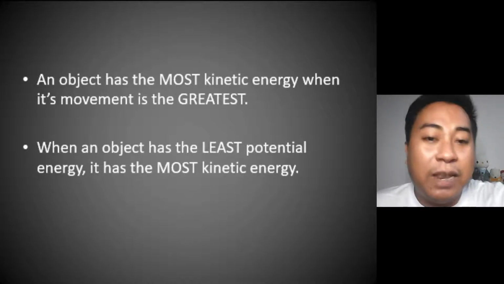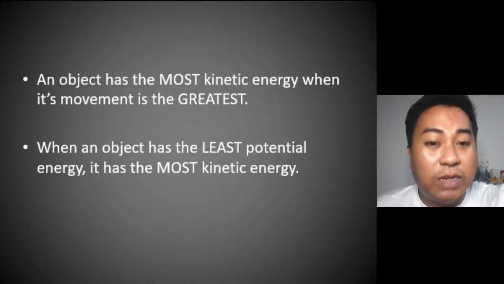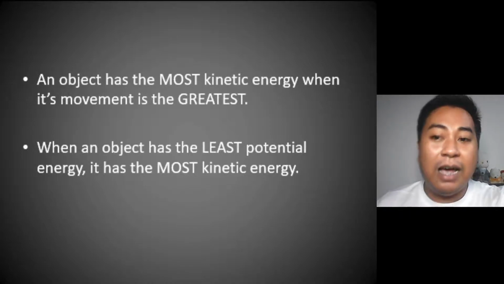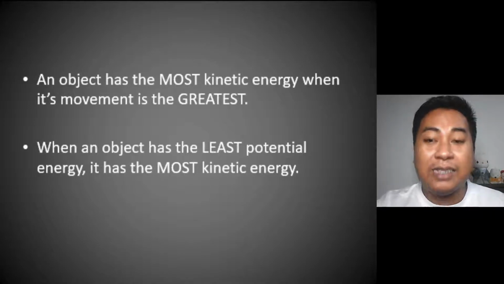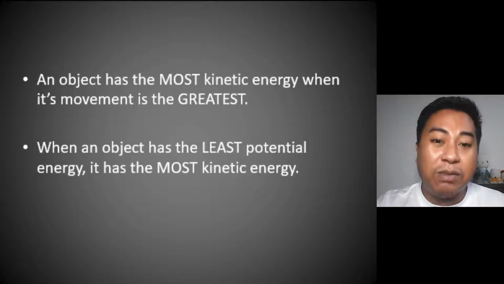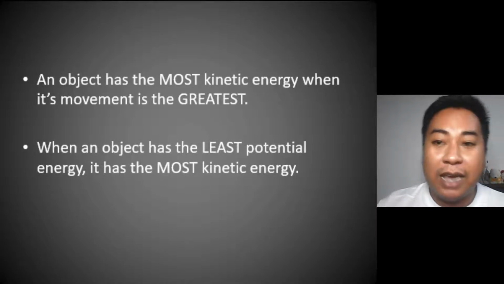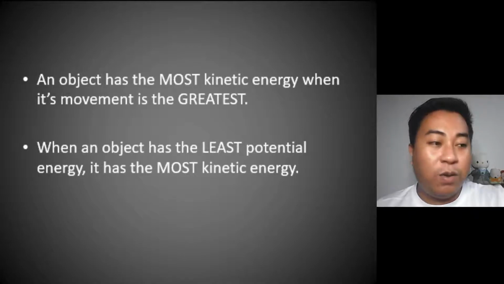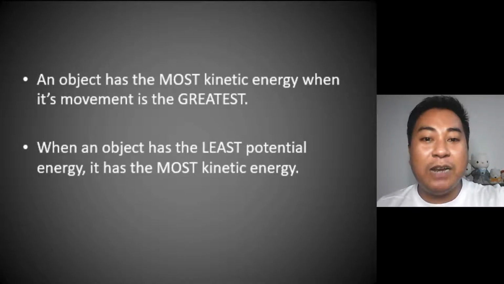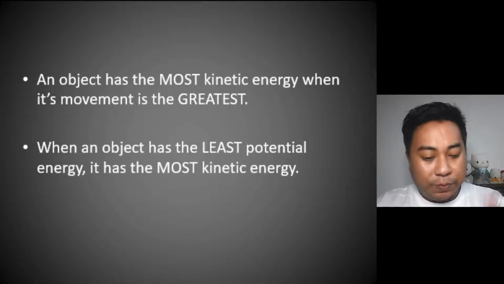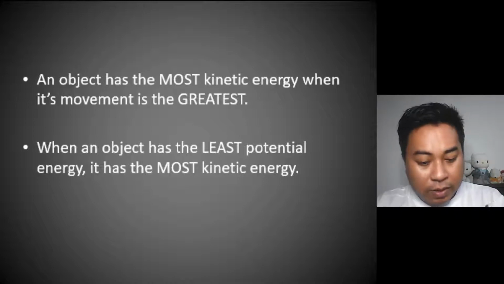So, ibig sabihin, kung less ang potential energy ng object na yan, ang kinetic energy niya is more compared to an object that has more potential energy, it will have lesser kinetic energy. So, an object, therefore, ang ibig sabihin yan is potential energy is equal to 1 over kinetic energy.